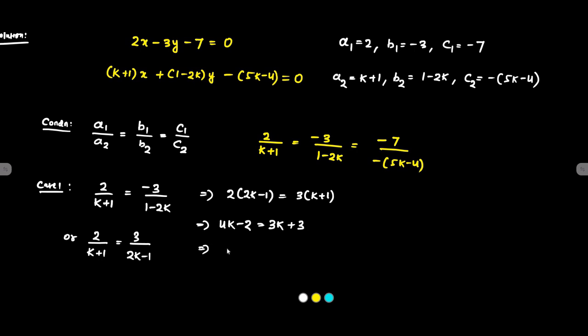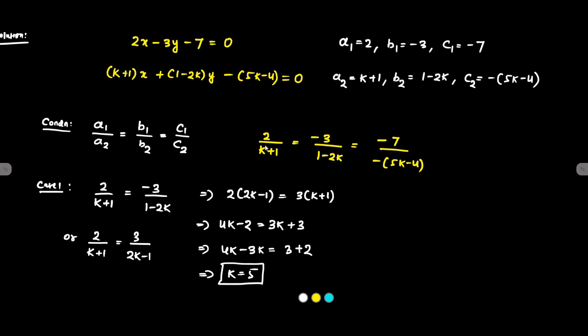That implies 4k minus 3k is equal to 3 plus 2. That implies k is equal to 5. So we have got the value of k. k is equal to 5.